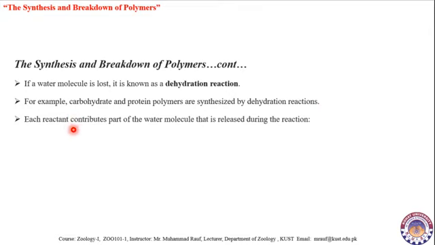Each reactant contributes part of the water molecule that is released during the reaction. A water molecule consists of a hydrogen ion and a hydroxyl ion. So when two monomers combine and form a polymer, one of the monomers contributes the hydrogen and the other monomer contributes the hydroxyl.